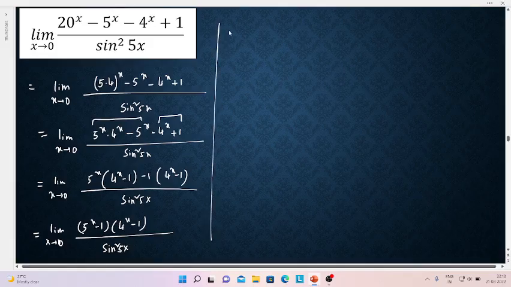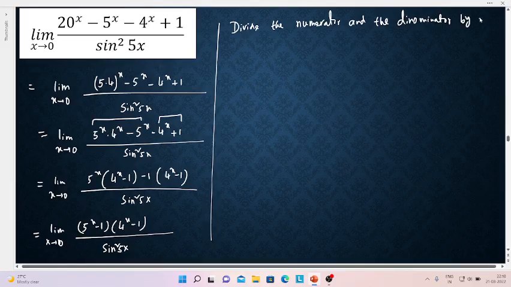So we can divide these by x square, right? So divide the numerator and the denominator by x square.